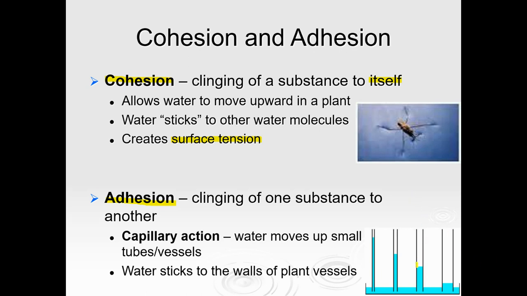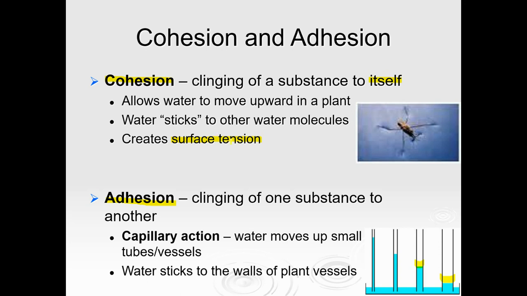And so a lot of times what will happen is when you have that glass or that plastic graduated cylinder, that water kind of sticks to the sides, and so it creates this little dip. And so when you read the graduated cylinder, you have to get eye level and you read the bottom of the meniscus. And so the reason that meniscus is even there is because water is sticking to the sides of the graduated cylinder.